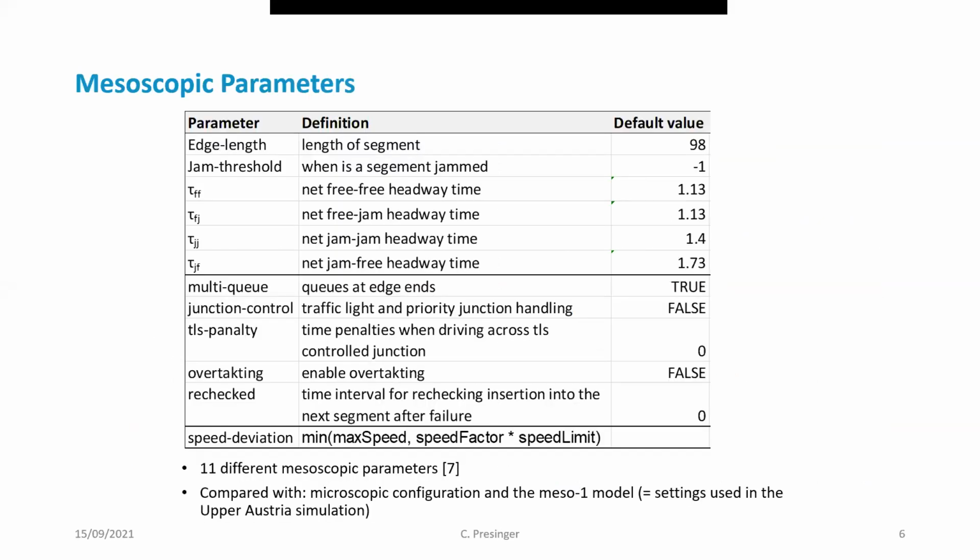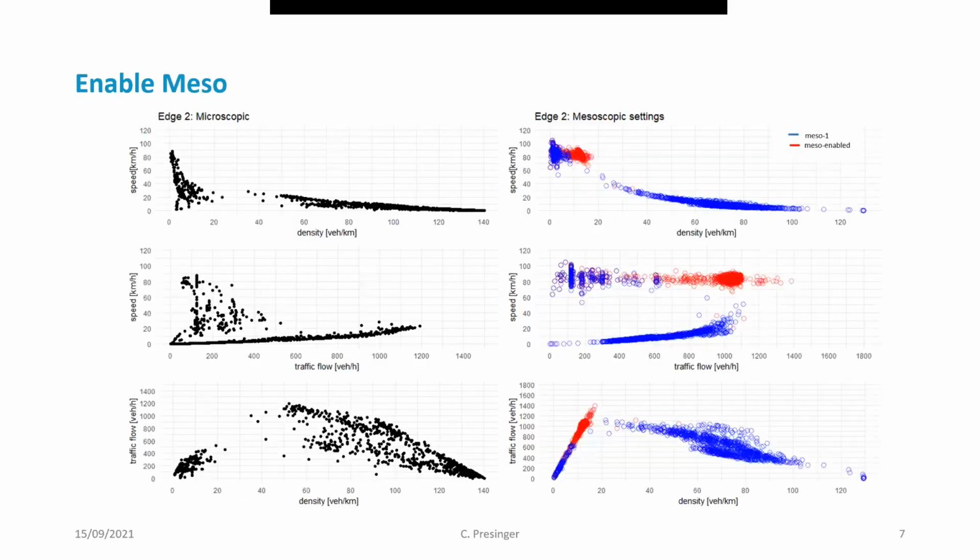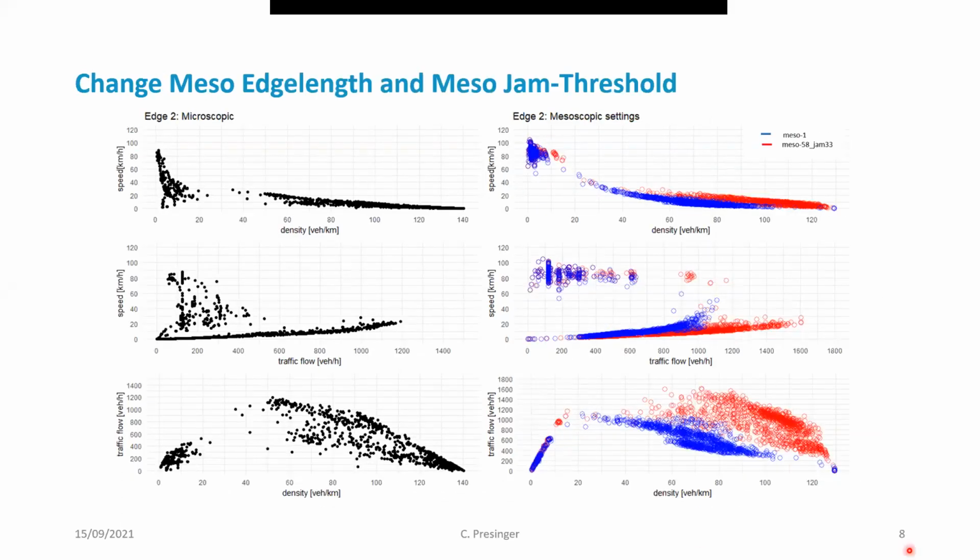But what I didn't mention was that I did not only change one parameter at a time. After I had done this, I also combined those values which I thought were quite useful. So here, I wanted to show you how I combined the meso edge length and the meso temp threshold.